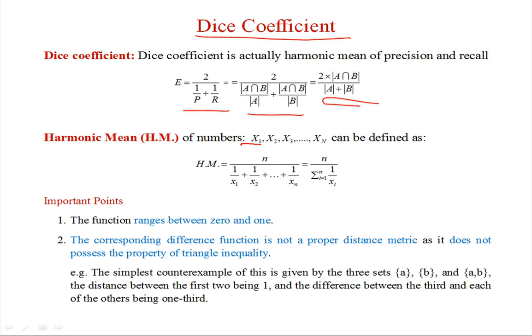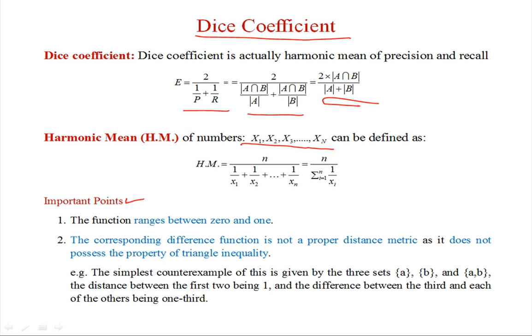Actually, the harmonic mean of n numbers x1 to xn can be calculated as n divided by 1/x1 plus 1/x2 plus up to 1/xn, which is n divided by the sum over i equals 1 to n of 1/xi.